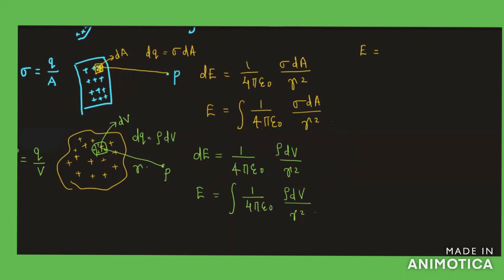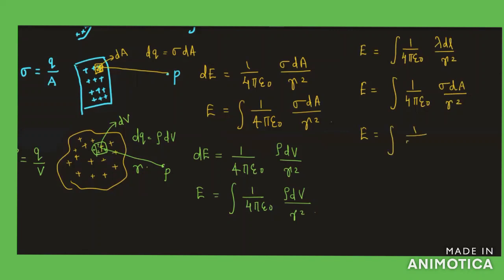So if linear charge distribution is given, we can use this equation, integral 1 by 4 pi epsilon 0 lambda dl divided by r square. And for surface charge distribution, integral 1 by 4 pi epsilon 0 sigma dA divided by r square. And for volume charge distribution, integral 1 by 4 pi epsilon 0 rho dV divided by r square.